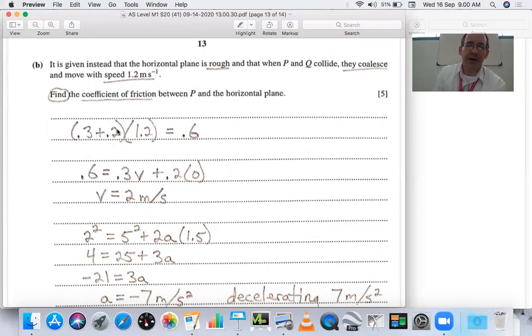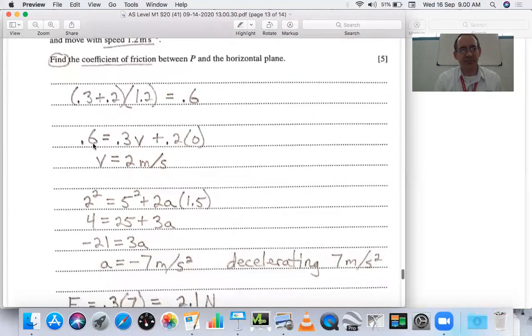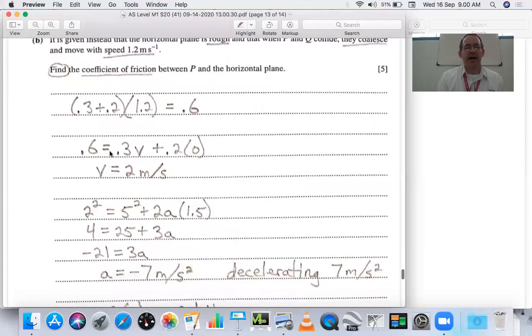So if our particles coalesce, then the 0.3 plus the 0.2 join together into one particle, traveling at a velocity of 1.2, which gives us a total momentum value of 0.6. So that 0.6 after the collision needs to be conserved from before the collision.